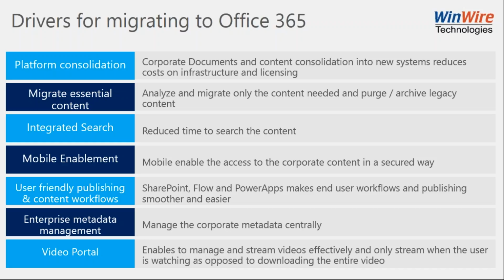So you always need to think about enabling mobile for your users' access, because nobody wants to carry their laptop and have a VPN connected to always access the content, unless it's more secured content. You want to keep it only for VPN enabled users, right?